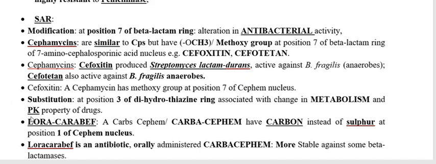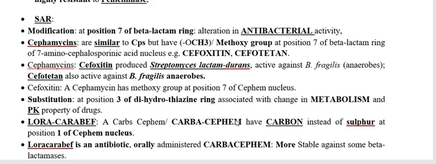As I also mentioned earlier, when you remove the sulfur atom from the dihydrothiazine ring of 7-amino cephalosporanic acid, as a result we obtain the compound we call carbacephem. Carba means carbon.